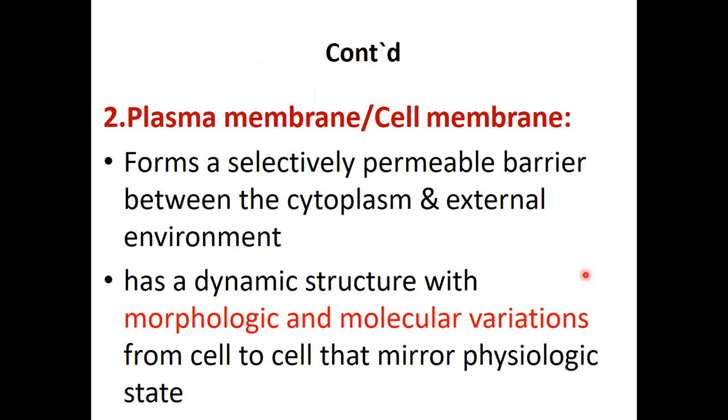Okay, so the cell membrane forms a barrier, or a boundary, between the internal environment and the external environment of the cell. So it divides these two environments. Apart from that, the cell membrane creates a semi-permeable barrier, meaning it allows certain molecules of a particular size and charge to enter the cell.